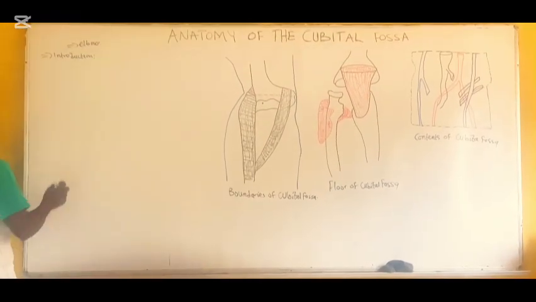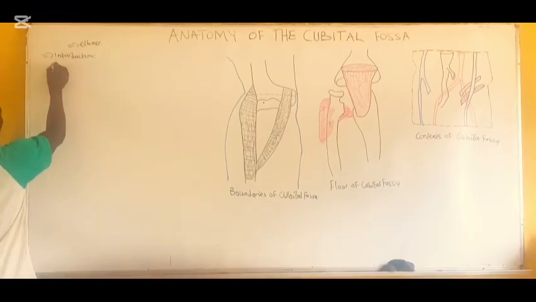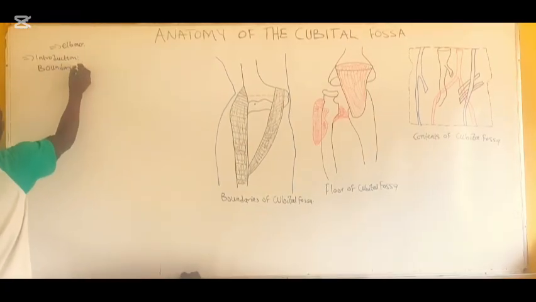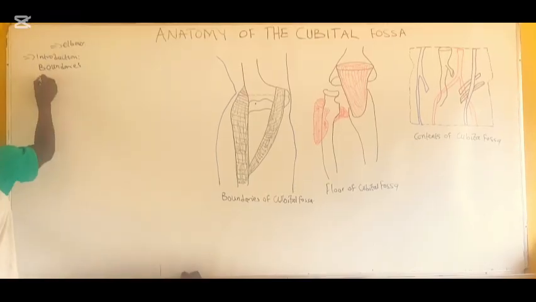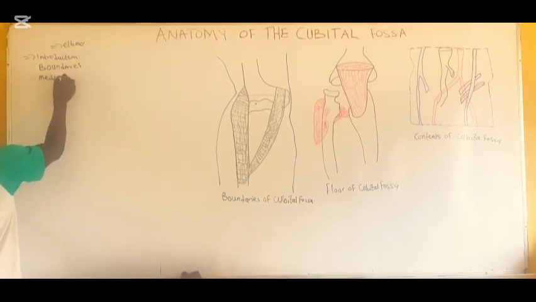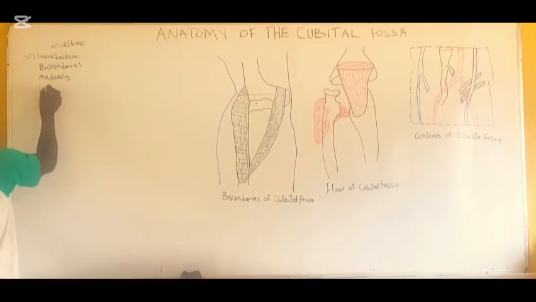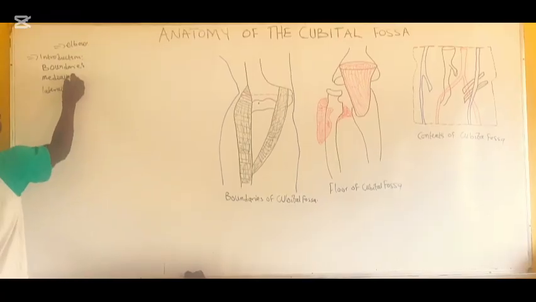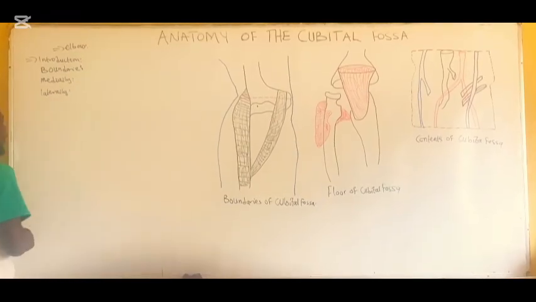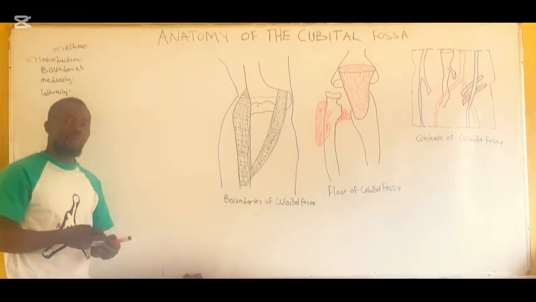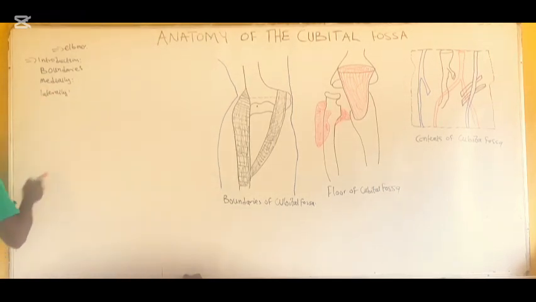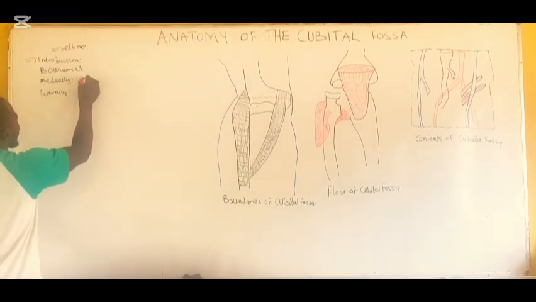The boundaries of the cubital fossa. The cubital fossa is bounded medially and it is bounded laterally. It is bounded medially by the lateral border of pronator teres.